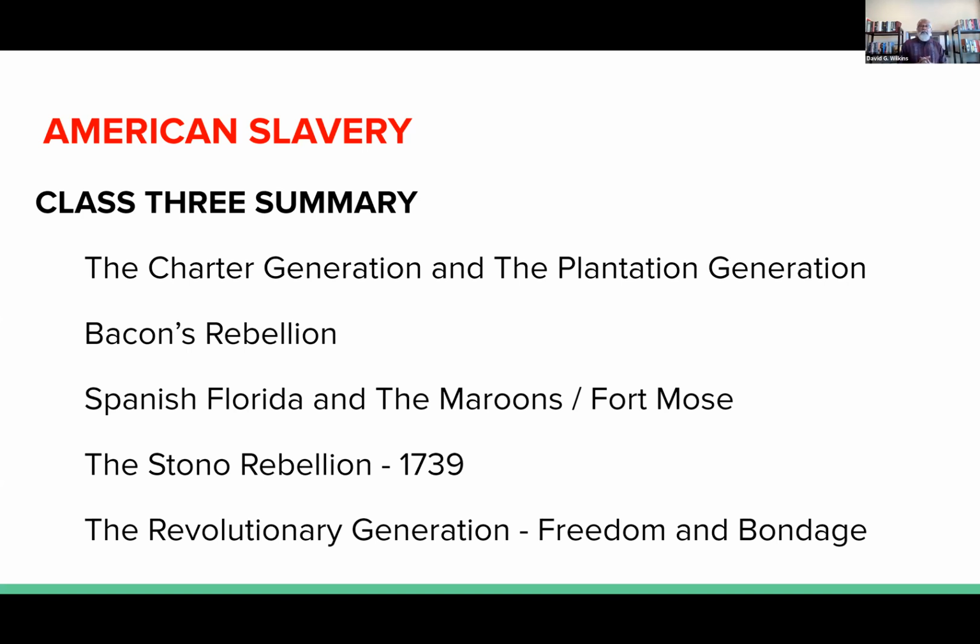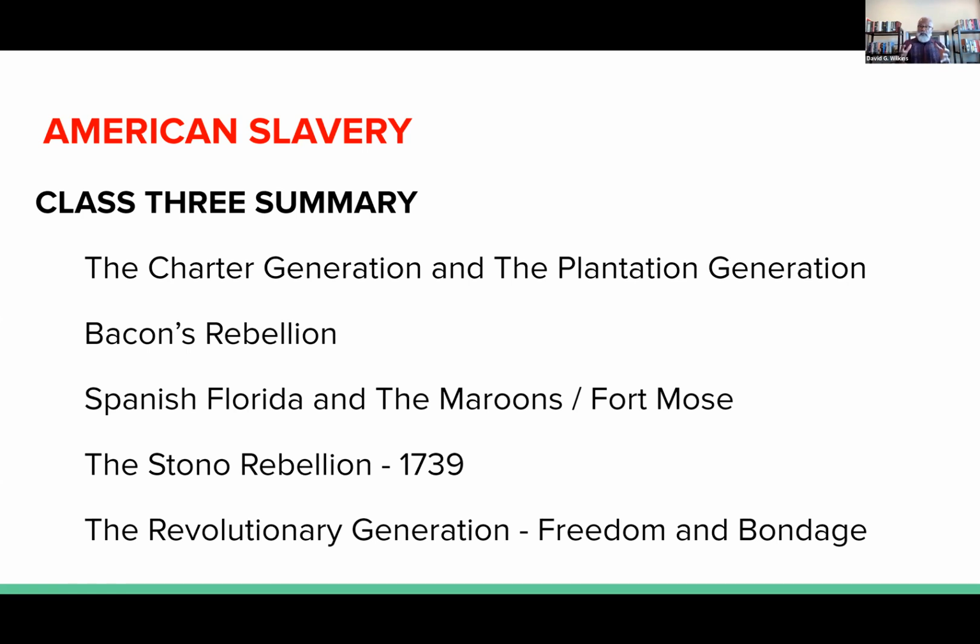We focused as much as we could on the role of the Spanish. We mentioned the Portuguese, but the Spanish in Florida, control of Florida, and the tension really that was created as Florida would welcome enslaved Africans who were able to escape from Georgia, move into Florida, establish communities.